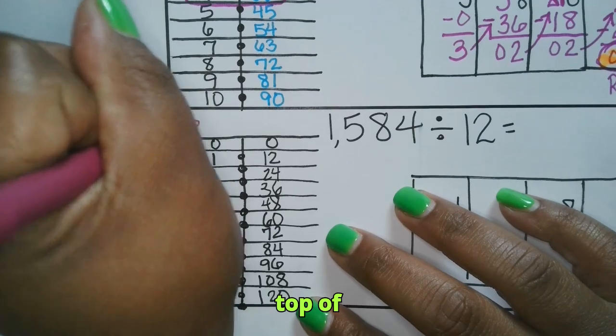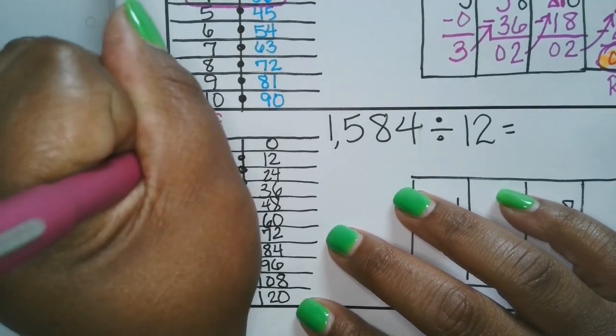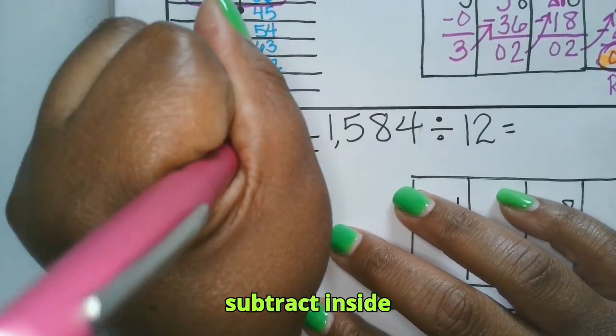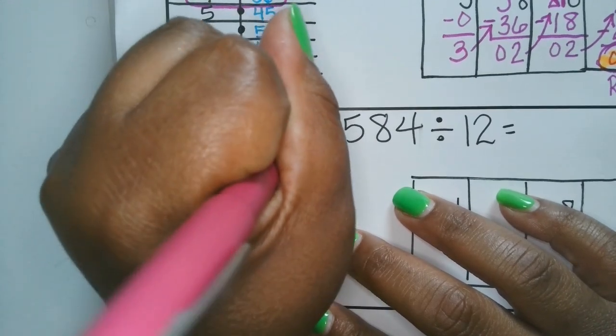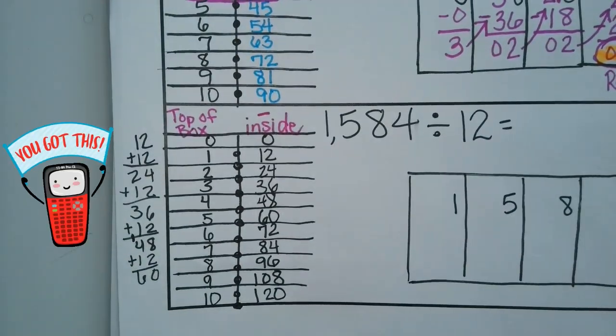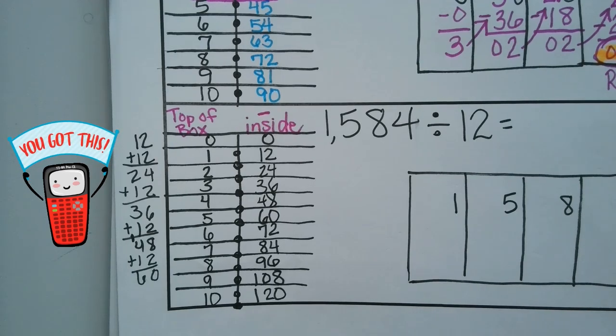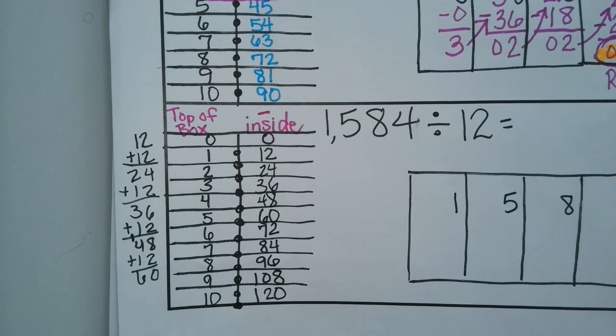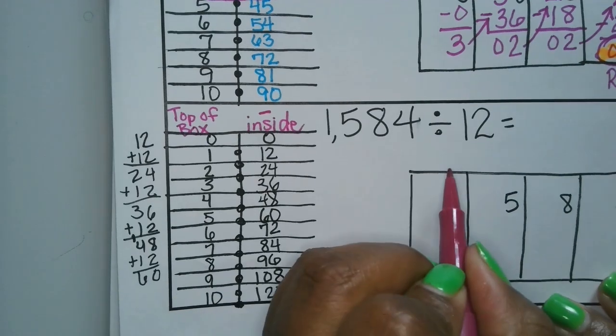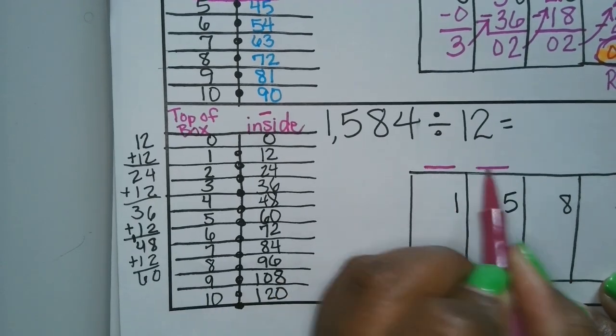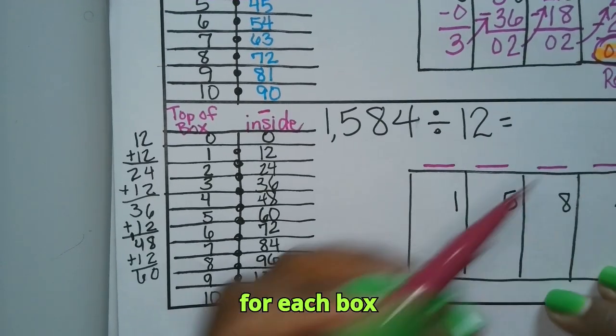Top of box. Subtract inside. Don't forget your blanks for each box.